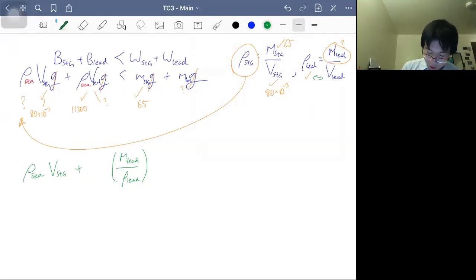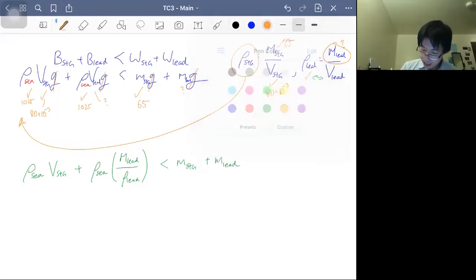Which is something we do know. Not lead, but the seawater. Mass of S plus G plus mass of lead.